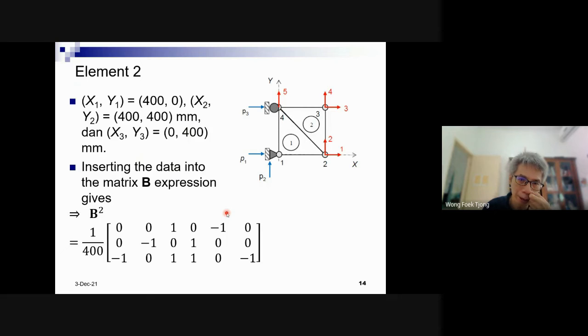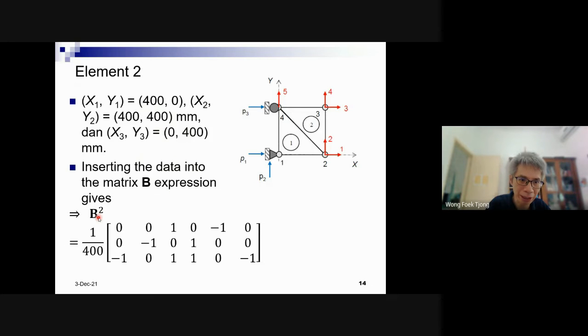We do the same thing for element number 2. We write the coordinates for element number 2, beginning from this one, not number 1 local, okay, and then 2 local, and then 3 local. This is the coordinates, and then plug in this data into the B expressions.